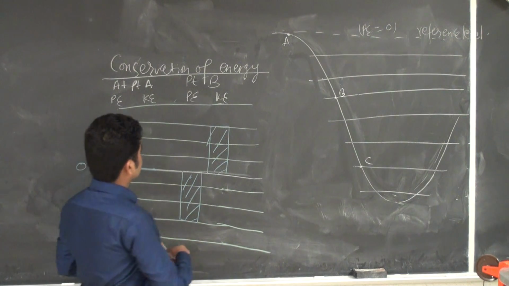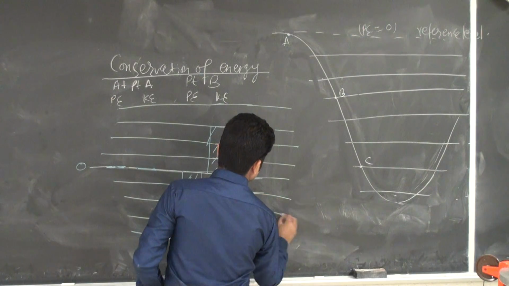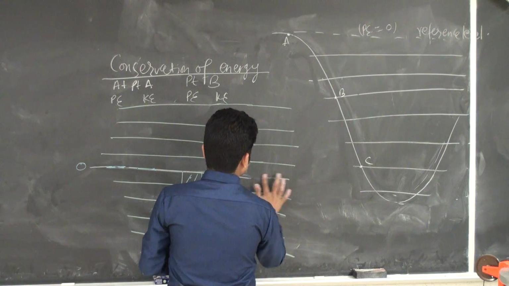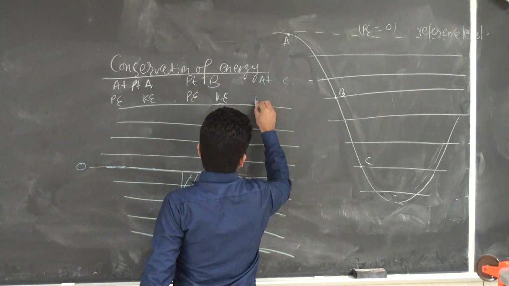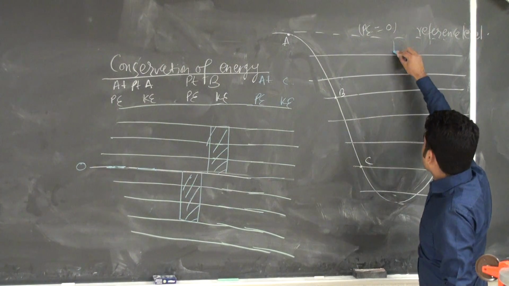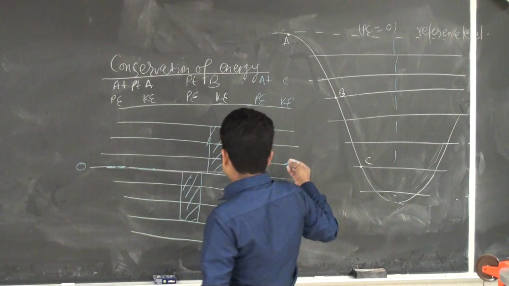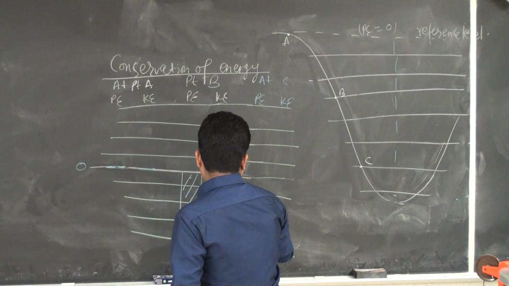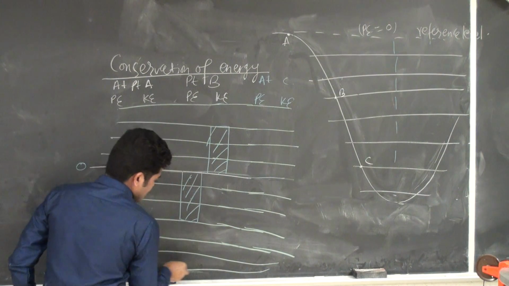Similarly, at point C, the potential energy is 1, 2, 3, 4, 5, 6 steps downward.